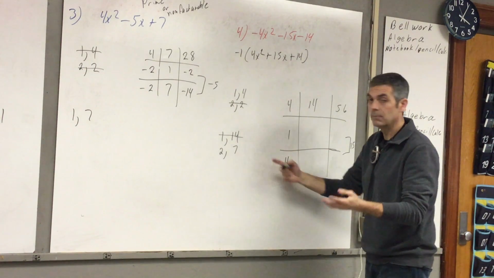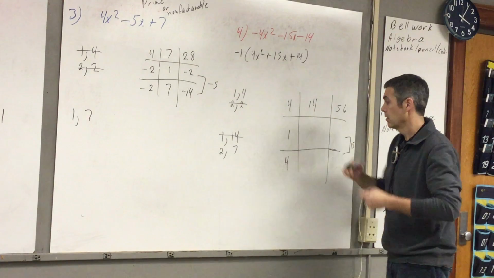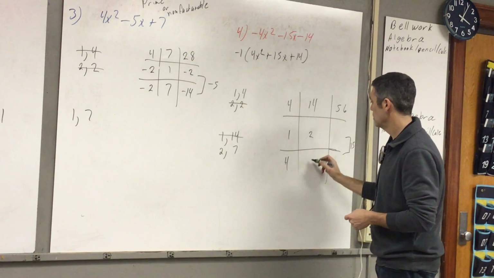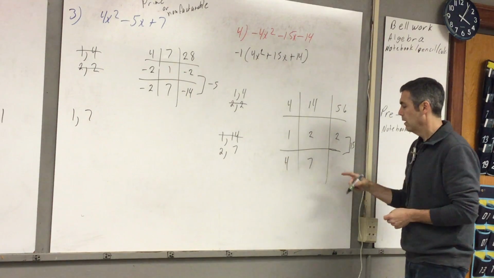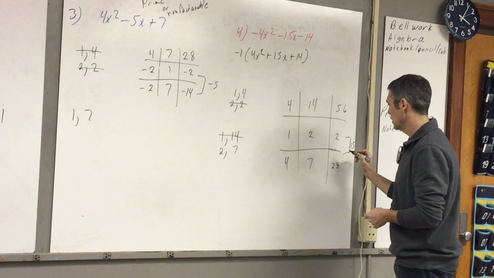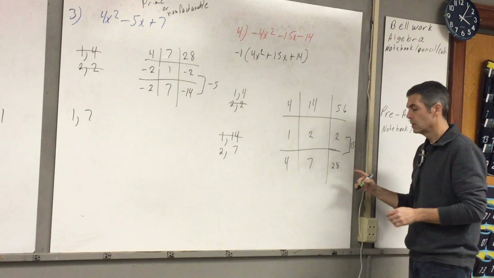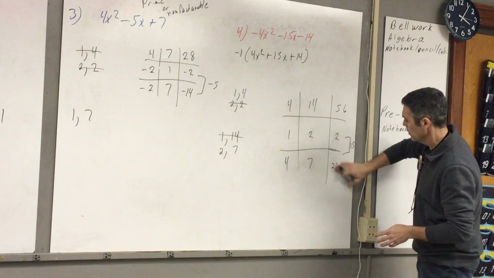So now we know it's got to be the 2 and the 7, otherwise it's prime, right? Okay, so 2, 7. 1 times 2 is 2, 4 times 7 is 28. And 28 plus 2 doesn't get us 15, so that doesn't work.